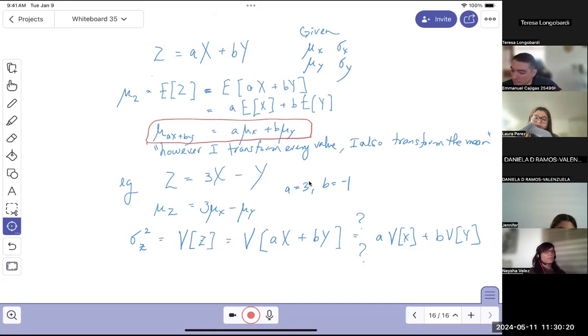So it's not exactly that, okay? It's not just whatever I do to X and Y, I do to the variance, because we already learned that variance is a specific thing where I'm looking at the spread. I don't really care if I shift the distribution; that doesn't affect the spread of the distribution.